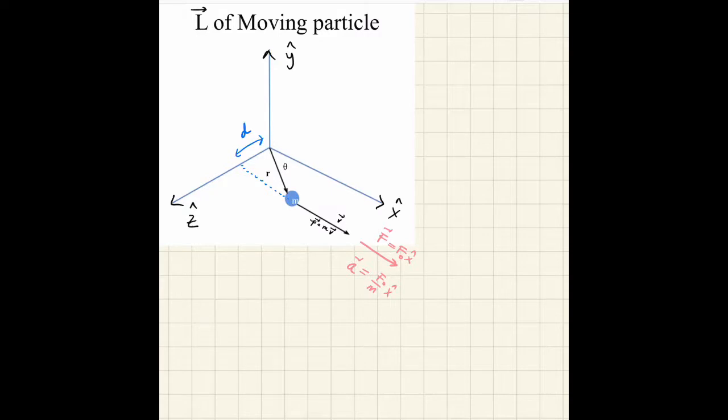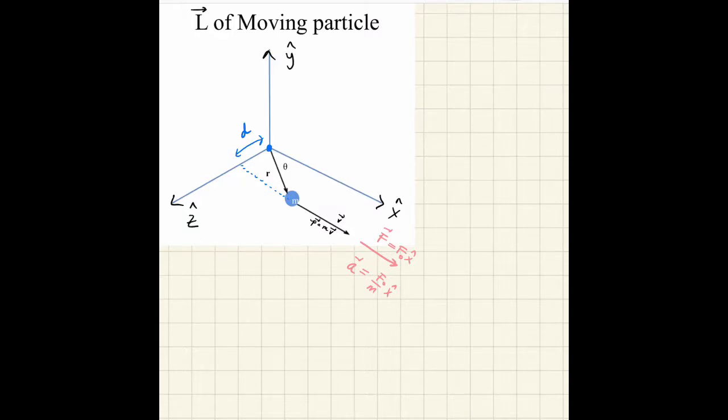Okay. And what I've done here is I've automatically chosen an origin. So here is the location of an origin that has been defined for me already in this problem.